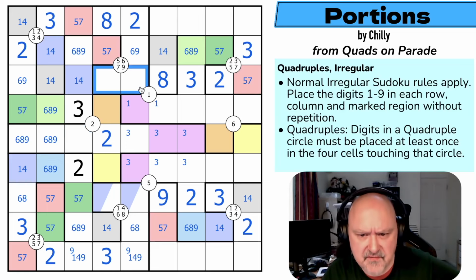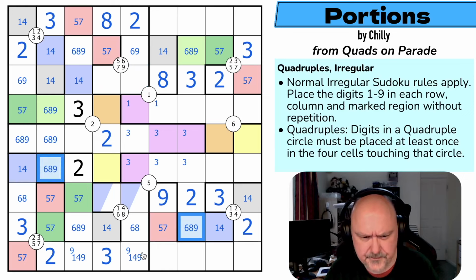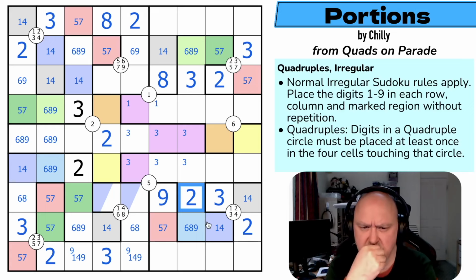I know that the green 5, 7 is in here. Okay, can I look at these? I've made way more progress than I thought I would. But I'm still incredibly stuck.